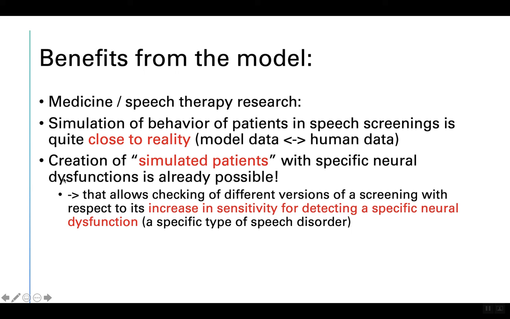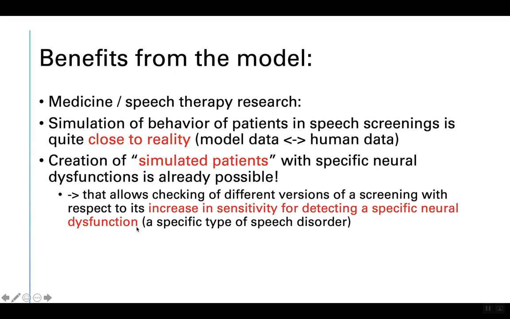So at least we can define a group of patients with the same neural dysfunction, with the same type of disorder, and with the same strength of a disorder, and that allows us to check different versions of a screening by using these patients, because they do not learn from one screening to the next.